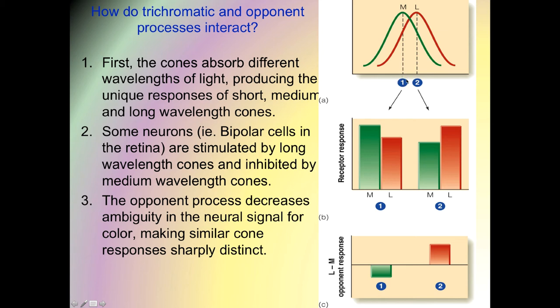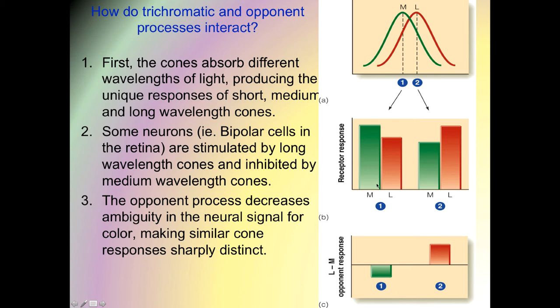Imagine the color is color number 1, and it's this wavelength. This particular wavelength is more towards the middle, and it's going to activate the medium wavelength cone more than the long wavelength cone. So we see that pattern of activity here where the medium cone is more active than the long wavelength cone.